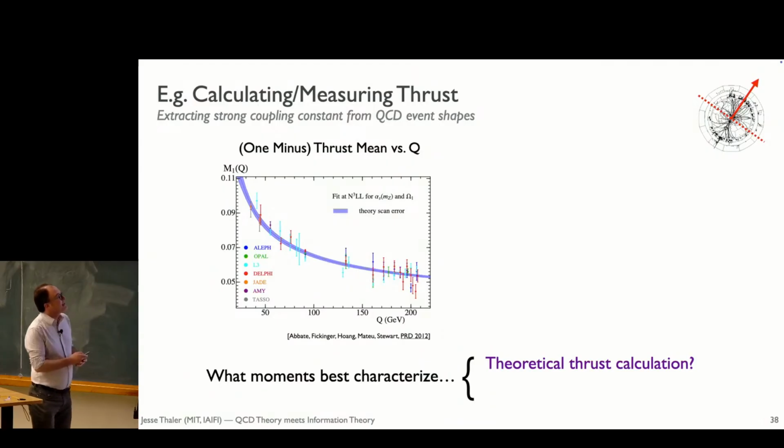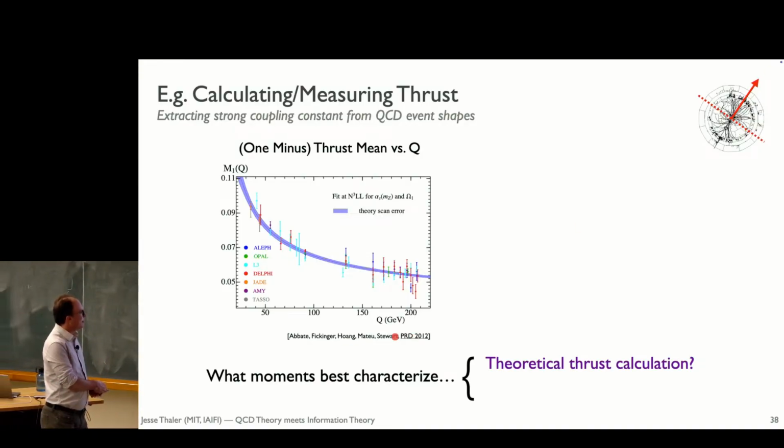So in the case of QCD, one summary statistic that is often used is called thrust. Thrust measures how much radiation in a collider event is aligned along an axis. The details of this don't matter. Thrust itself is already summarizing many, many particles into one number, and then I want to summarize the summary by taking the average value of that. My colleague at MIT, Ian Stewart, and collaborators have been doing these heroic calculations of the thrust distribution at increasing accuracy.